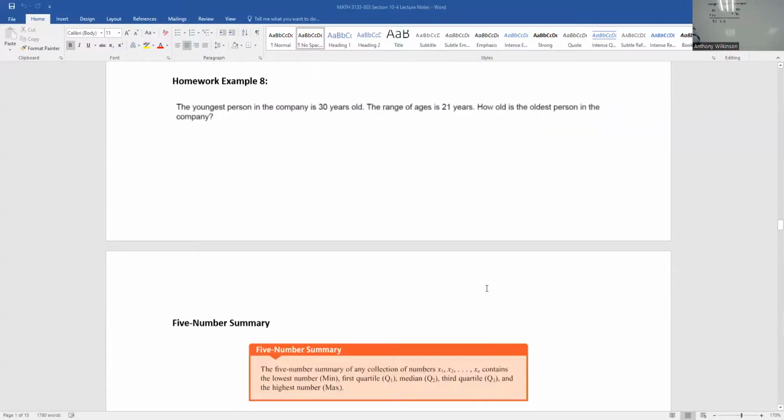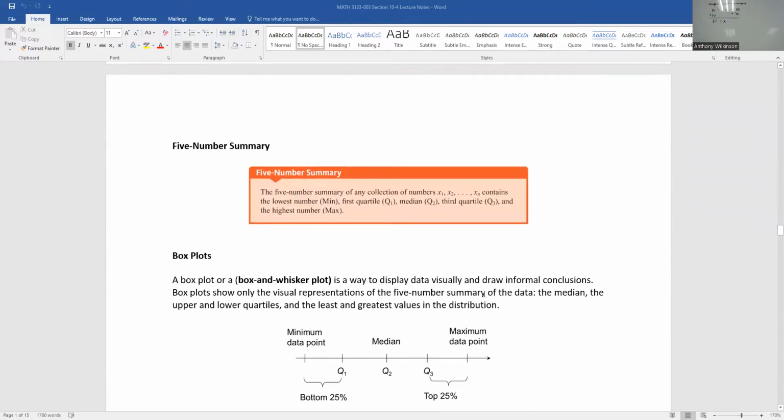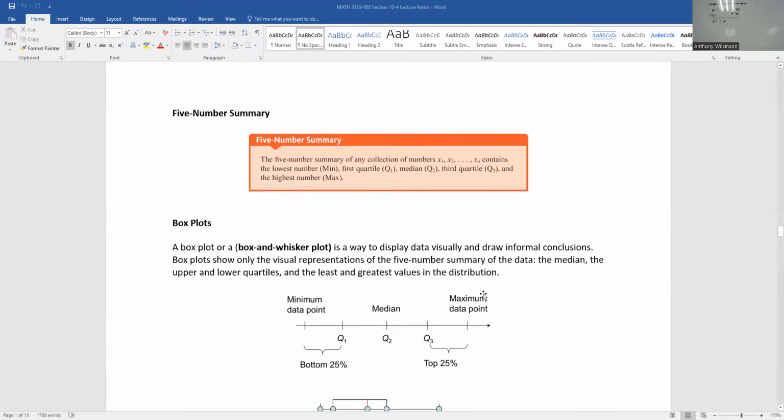And so going back to this, now I did talk about Q1, Q2, Q3, and also we did talk about the minimum and the maximum value, or the greatest and the least. Those can be used in what we call a 5-number summary.